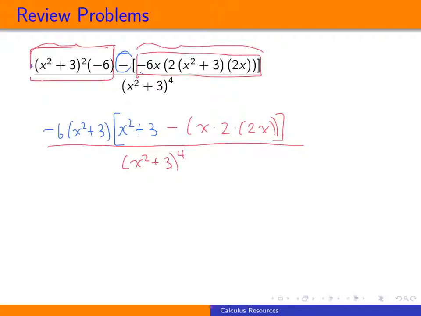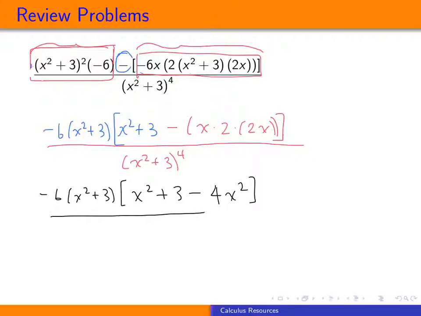So we're going to simplify what we have in brackets there. So here we have negative 6 times x squared plus 3. And then here we have an x squared plus 3 minus, we have x times 2 times 2 times x. So that's 4x squared, all over x squared plus 3 to the 4th.